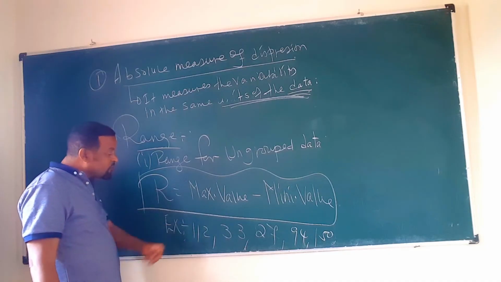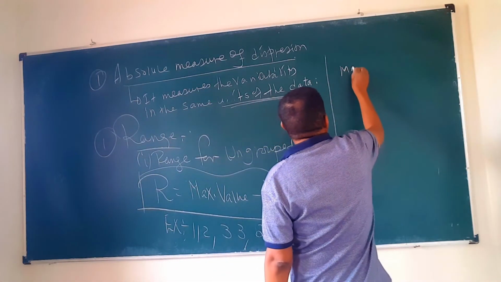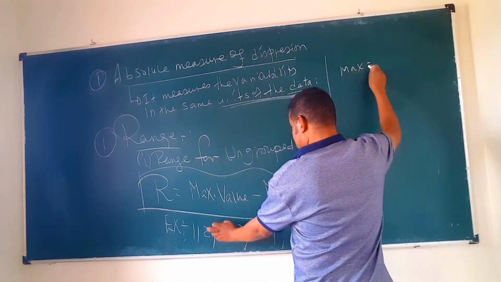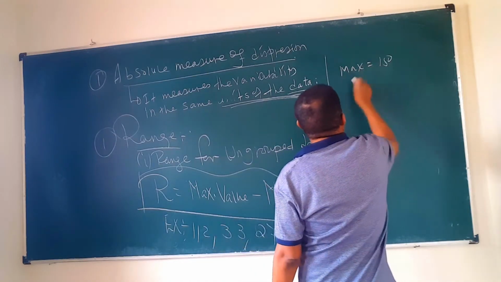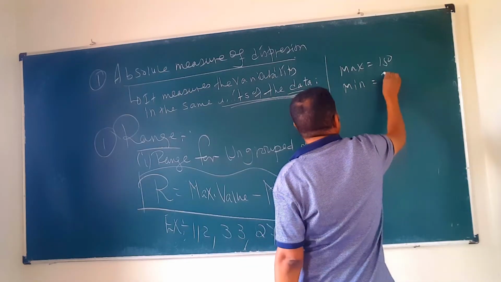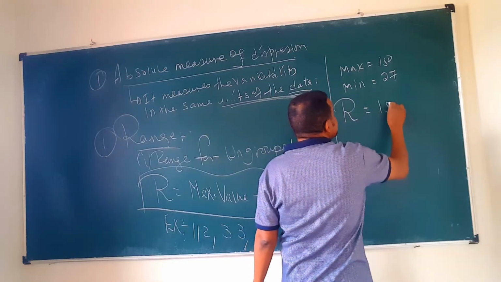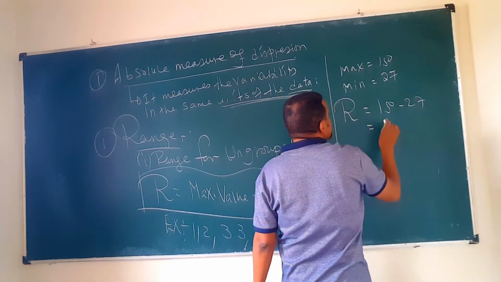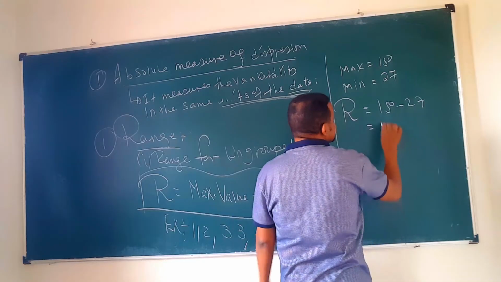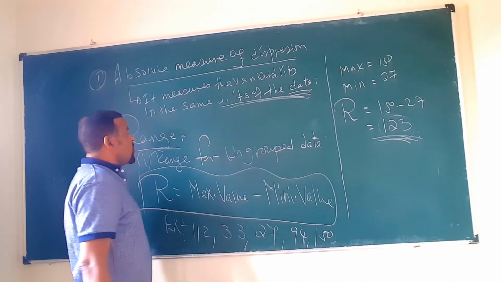So what is the range of these data? What is the maximum value? The maximum value is 150. And the minimum value is 27. So the range of this data is 150 minus 27, which is 123. So this is range for ungrouped data.